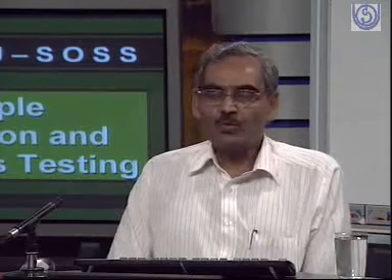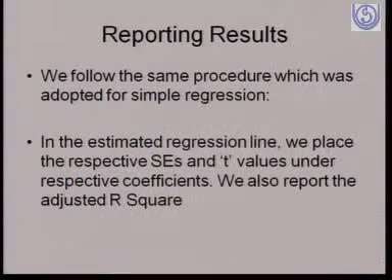How do we report the regression results? The same system will be adopted here too. Y equals B0, but underneath there will be two brackets, one for the standard error of B0 and the other for the t value.